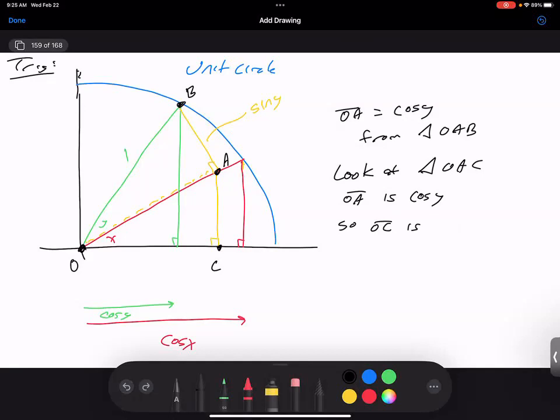That's the hypotenuse times, yeah, it's the hypotenuse times the cosine of the angle. So I was right. So it's going to be cosine of y times the cosine of x. Okay.